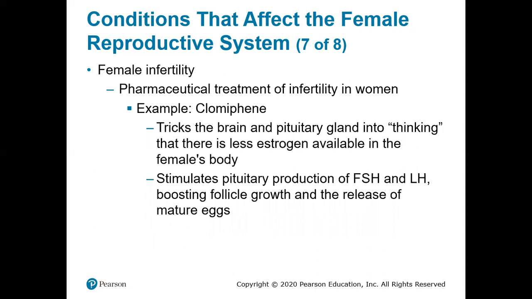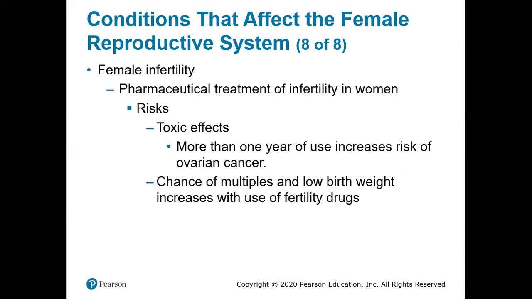Pharmaceutical treatment of infertility in women. Examples would include clomiphene, which tricks the brain and pituitary gland into thinking that there is less estrogen available in the female's body. This stimulates the pituitary production of FSH and LH, boosting follicle growth and the release of mature eggs.